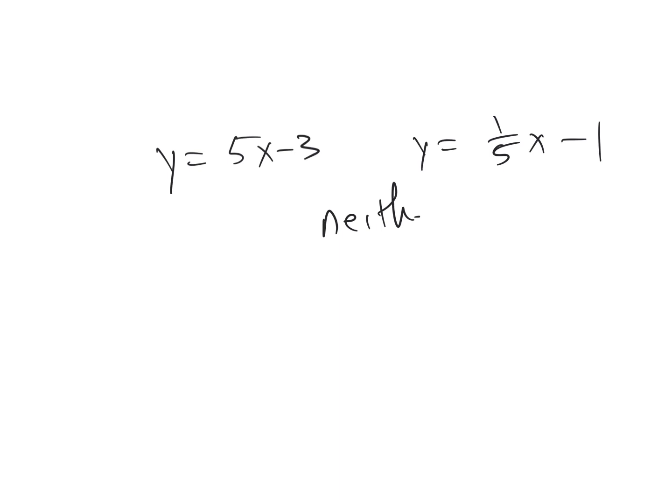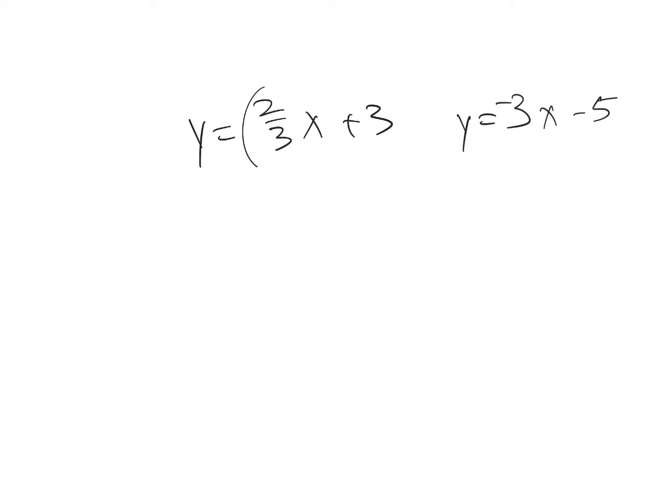Same type of problem. y equals 5x minus 3, and y equals 1/5 x minus 1. So doesn't one have to be negative? Yes. One has to be positive, one has to be negative. So the fact that they're both positive, you don't even need to think about what the slope is. So this is a neither answer. Okay? Who got that one correct, by the way? All right.